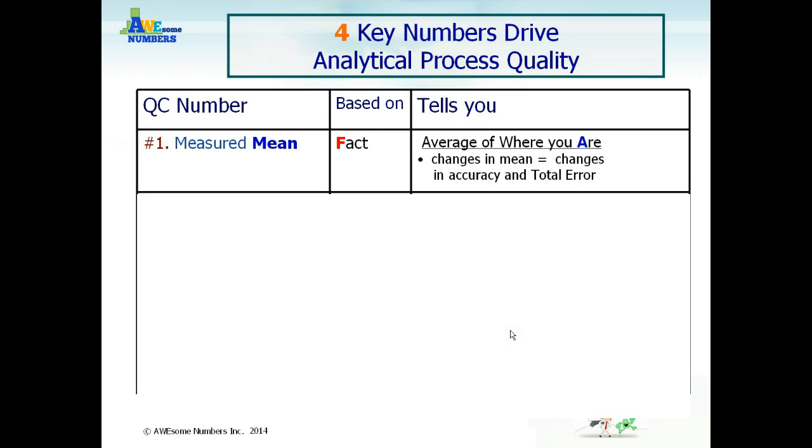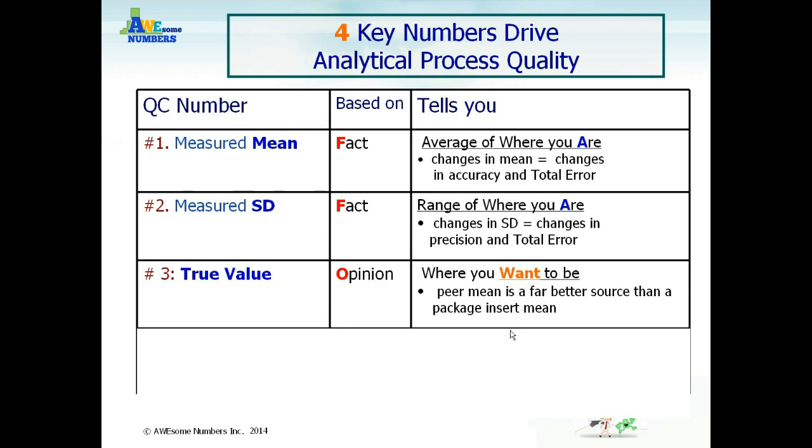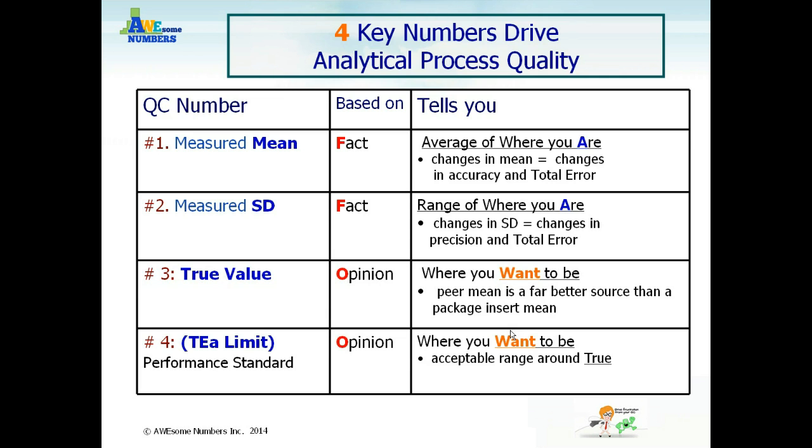The four key numbers that you need to make these decisions are the measured mean, which is based on fact and tells you where you are on average; the measured SD, based on fact, tells you the range of where you are; the true value, the source of which is specified by the medical director based on their opinion, tells you where you want to be on average; and the TEA limit, or performance standard, again is based on the opinion of the lab director, where you want to be, what is the acceptable range of quality for your lab.